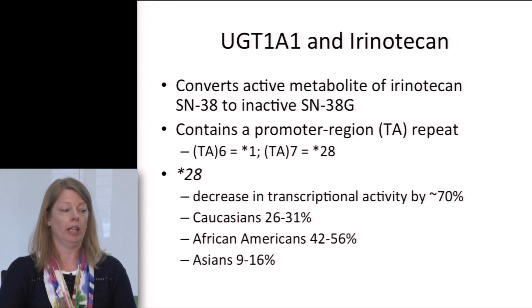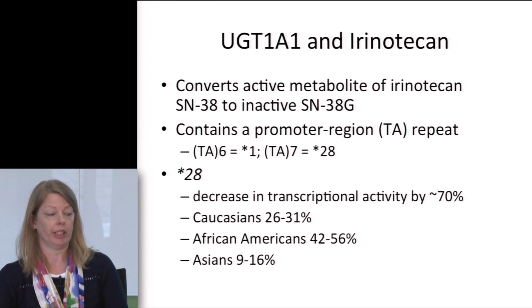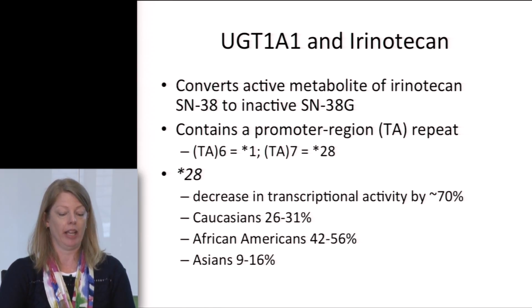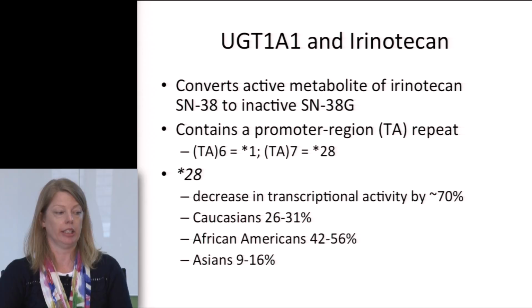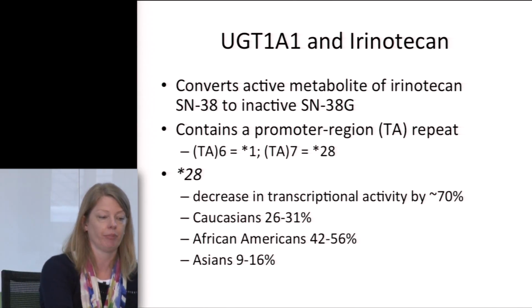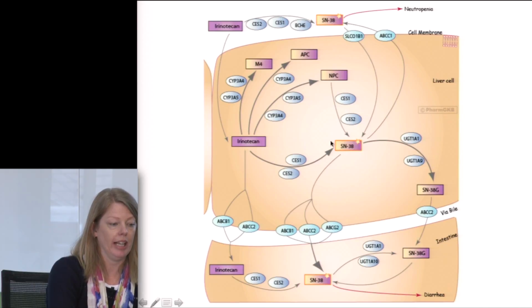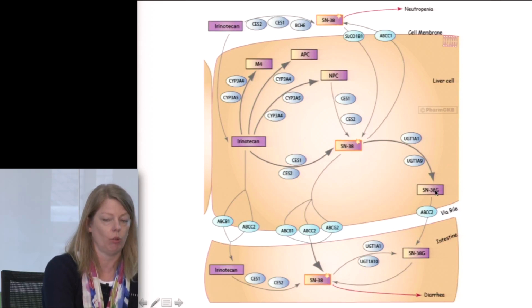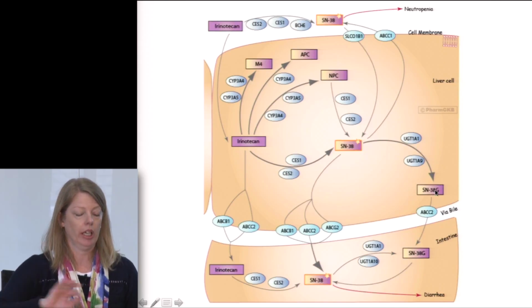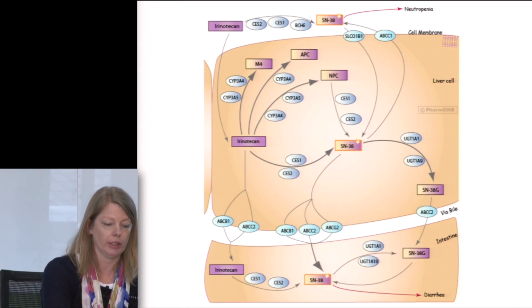We're looking at anywhere from 9% to over 50% of any given population having a star 28 variant, which again means a lot less of that particular enzyme and less of an ability to clear the active form of irinotecan. This is the pathway here. SN38 is the active form and needs to be cleared by UGT1A1. It's pretty much the sole mechanism for getting rid of the active form of that particular drug.